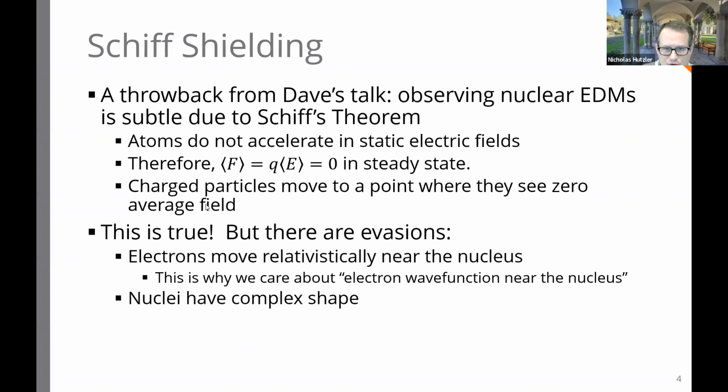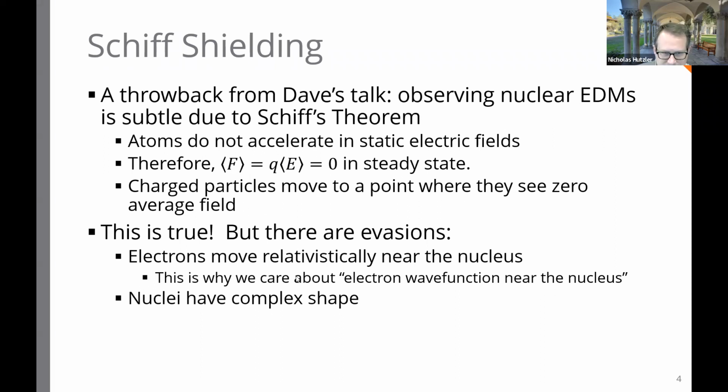This is, as stated, strictly true, but there are evasions. One, which I won't say anything more about because I'm not going to talk about electrons: the fact that electrons move relativistically means that even though they may see zero electric field, their dipole moment Lorentz contracts. And so the average interaction of the dipole moment with the electric field is not necessarily zero.